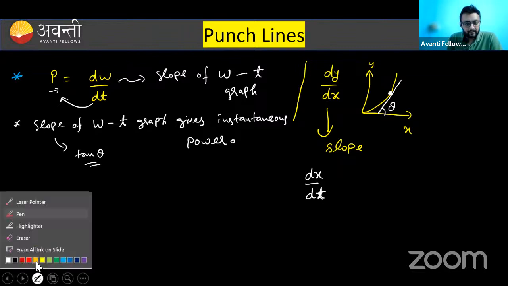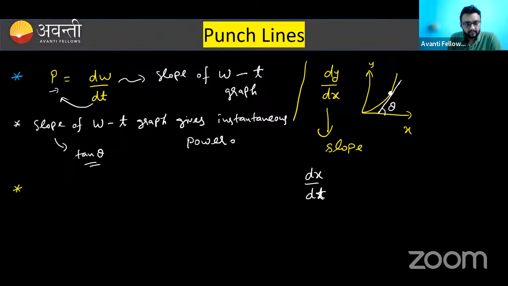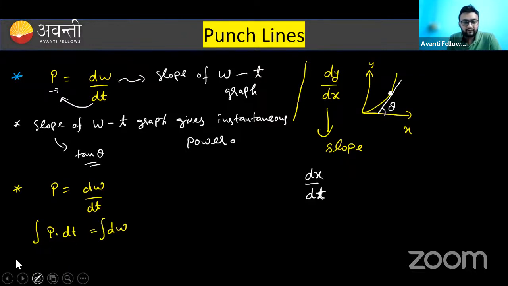Second thing. Again, notice this: P is equal to dW over dt. If I transfer terms, P dt is equal to dW. If you integrate it, this is again the fundamental thing that I have told you many times, the integration of P dt means the area under the power-time graph.